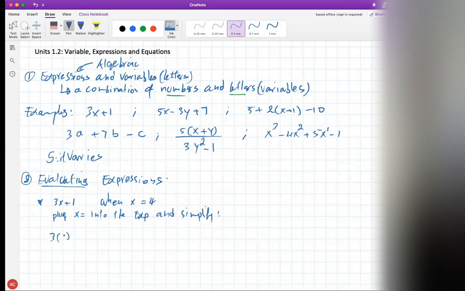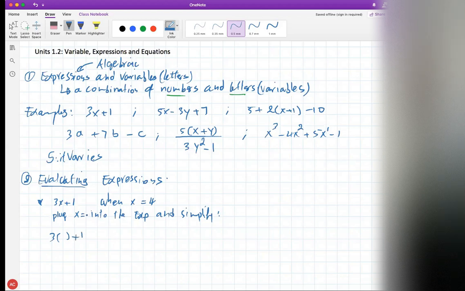So 3 times, we put some parentheses here, so the value of x goes here. So 3 multiply x, 3 times whatever x is, plus 1.